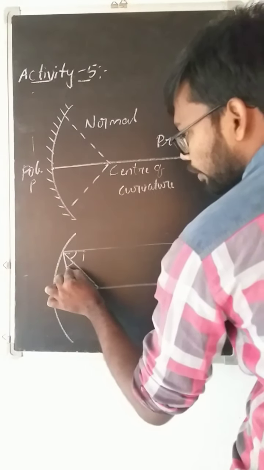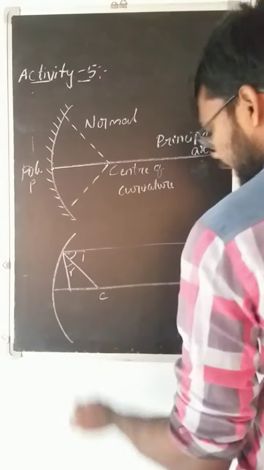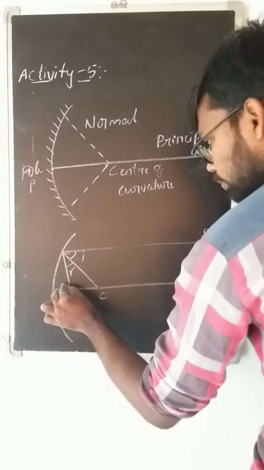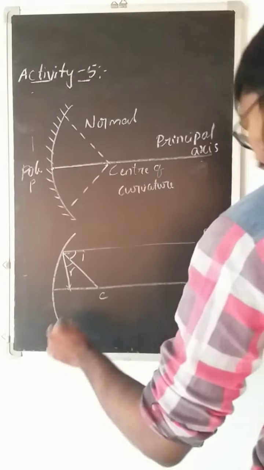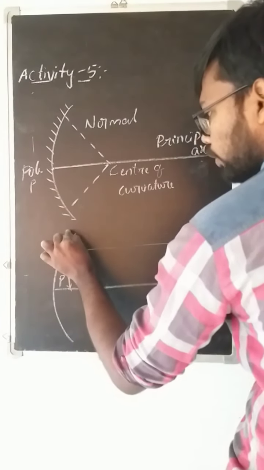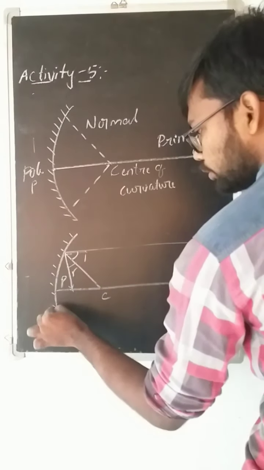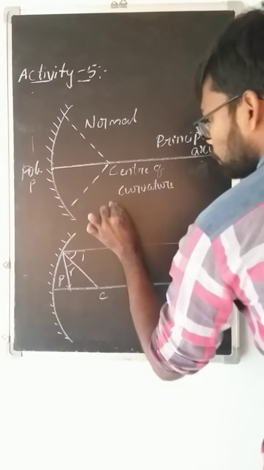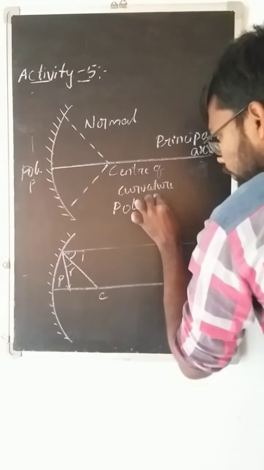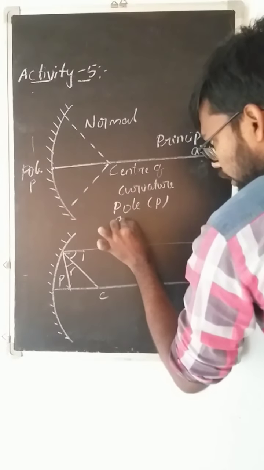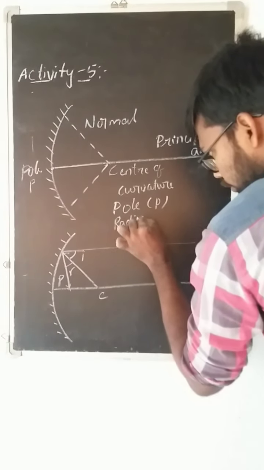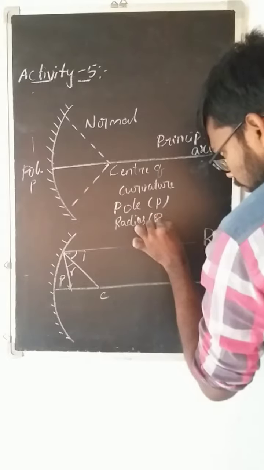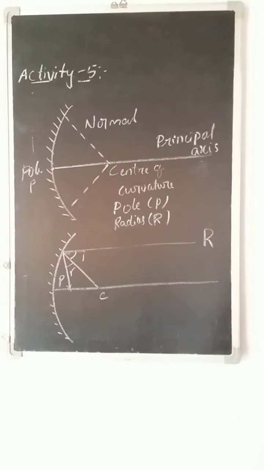This is the reflected ray, and this is the center C, and this one is the pole P, and the radius R. Radius of curvature or radius R, we can say either.